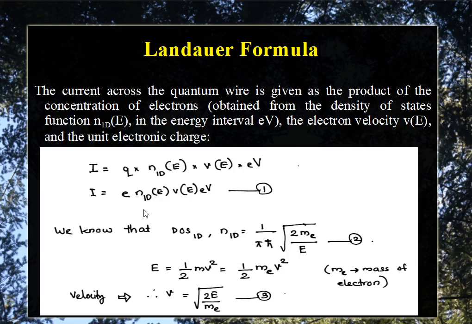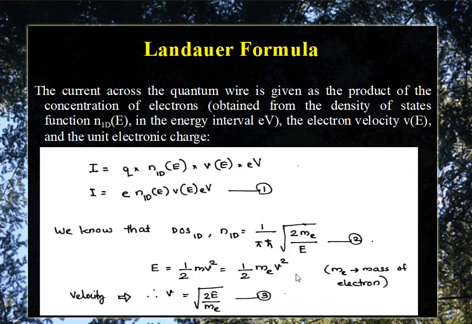Then the density of states of a one-dimensional structure was already derived in module 1, so I will directly write the equation: N1D equals 1 by pi h-cut into the square root of 2 m_e by E, that is equation 2. Here m_e is the effective mass of the electron. Energy E equals half m_e v square, where v is the velocity.